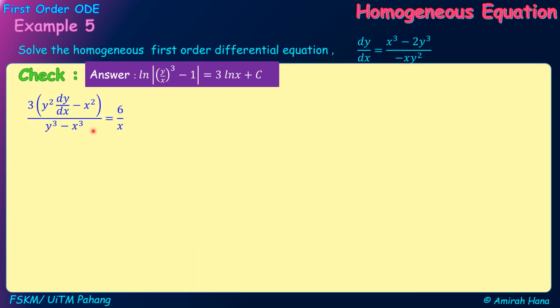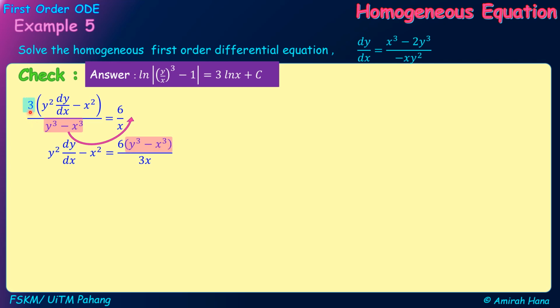From the previous slide, we get this, and our goal is to write dy over dx as the subject. So, the denominator y cubed minus x cubed, we can move to the right hand side. So we get multiply by y cubed minus x cubed.